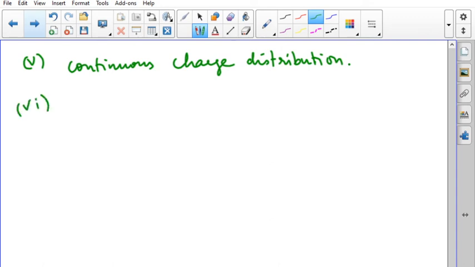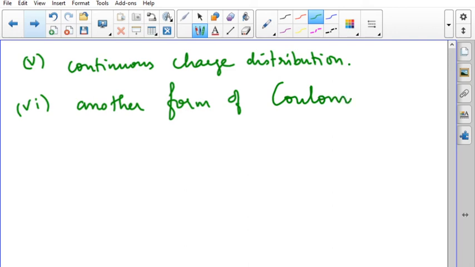And the sixth point is, Gauss law is another form of Coulomb's law. So we have to treat the Gauss law as a much more general law than Coulomb's law. Thank you, children.